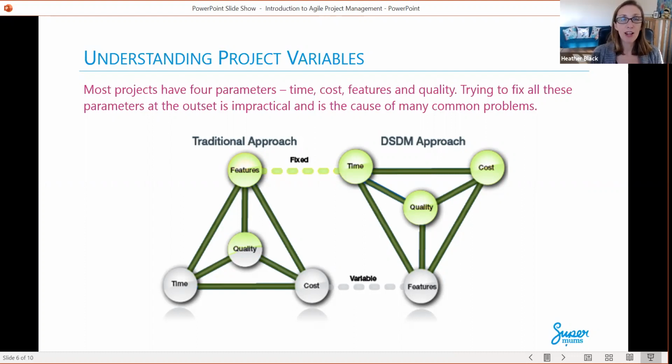Now, if an organisation had agreed a fixed price for a piece of work but wasn't quite sure of the features to be delivered, they could be held to ransom, having to deliver all the features that got agreed, whether or not it was within the scope of the budget. So projects could go over, or you might end up with a profit if features came in under budget, but you would be in that position where the features needed to be delivered regardless of time or cost.